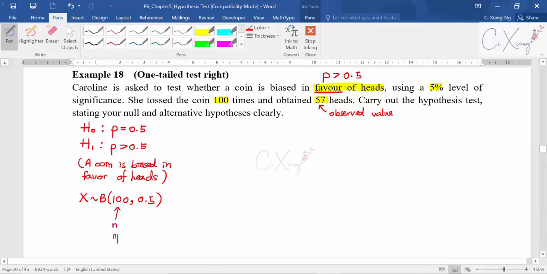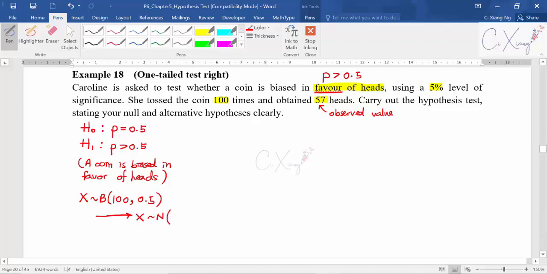Then you check np: 100 multiplied by 0.5 is more than 5. When you check nq, 100 multiplied by 0.5, you also get more than 5. Under this condition, you can actually change, or you have to change, the binomial to a normal distribution.